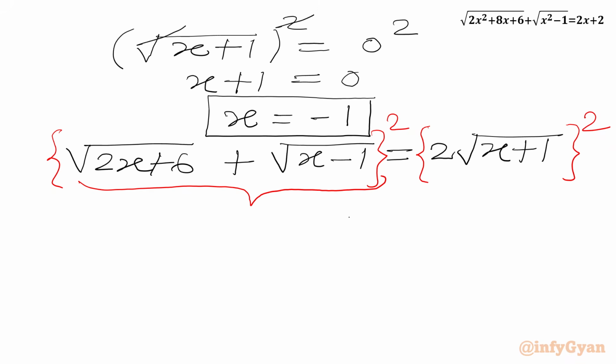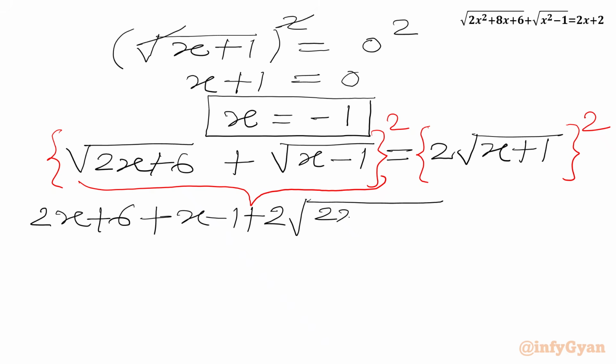So we will get square of square root 2x plus 6 is 2x plus 6 plus square of square root x minus 1, we'll write x minus 1 plus 2 times square root of, will multiply 2x plus 6 with x minus 1. And in RHS, square of 2 is 4 and square of square root x plus 1 will be x plus 1.